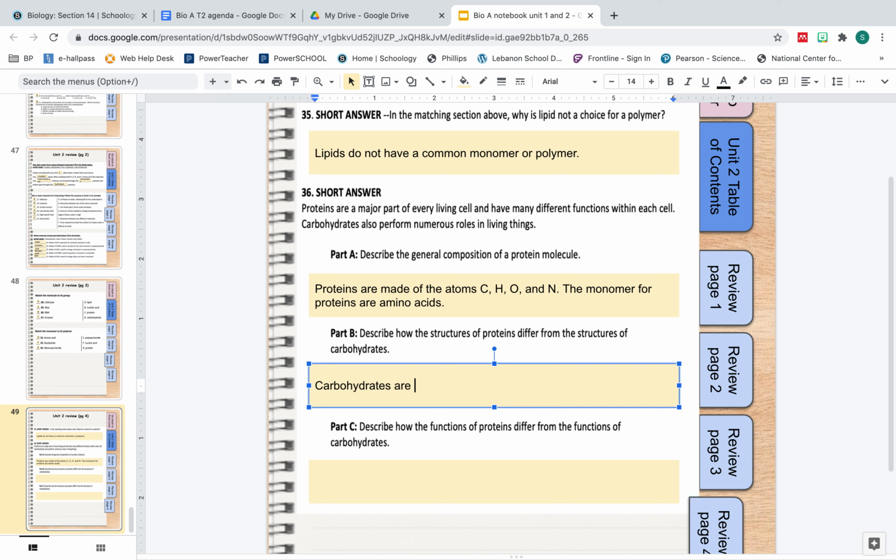Carbohydrates are made of the atoms C, H, and O. The monomer for carbohydrates are monosaccharides.